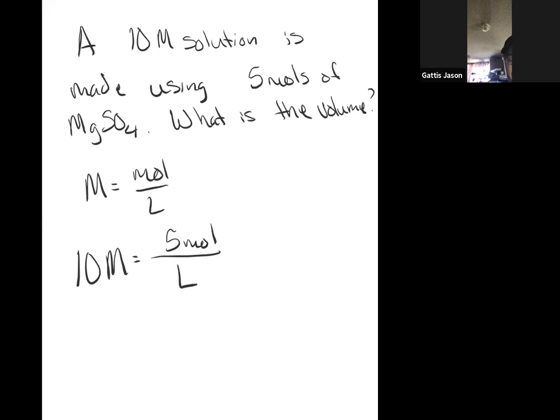So you have to solve for the L. The easiest way I know to do this is set up cross multiplication. 10 over 1 is equal to 5 over L, and you cross multiply. So you end up with 10L equals 5. You divide by 10, and the answer would be 0.5 liters.